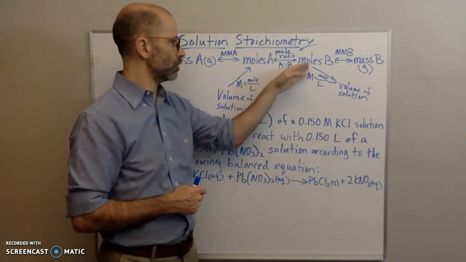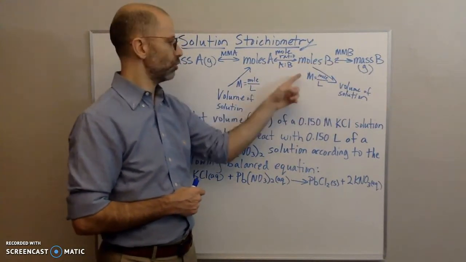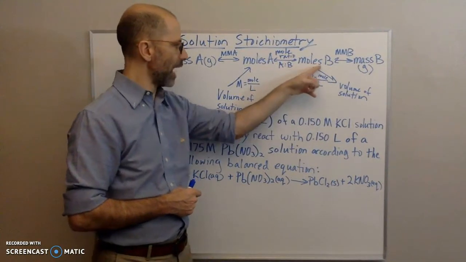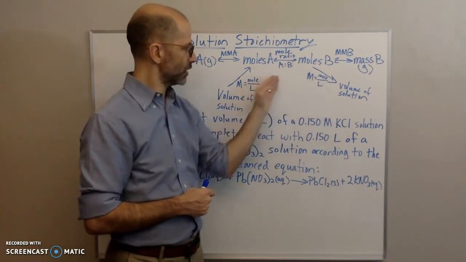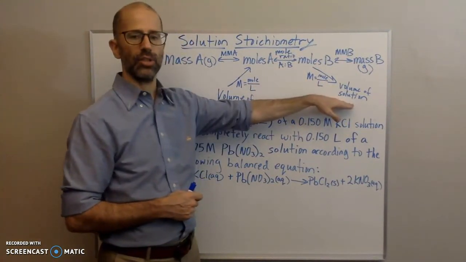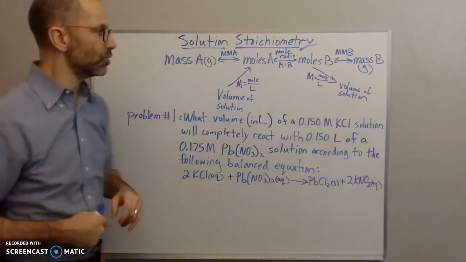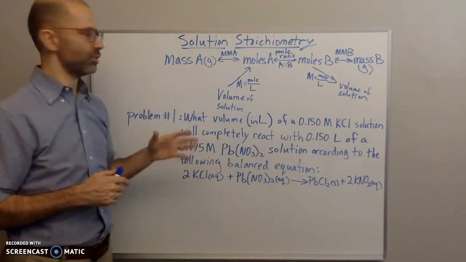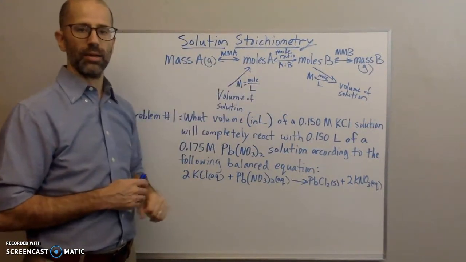So if you have moles of your other substance and they're asking for a volume, you need to use the molarity of that substance to get off the main highway and to your destination, which is the volume of another solution. That involves solution stoichiometry. So we're adding roads to our main highway.